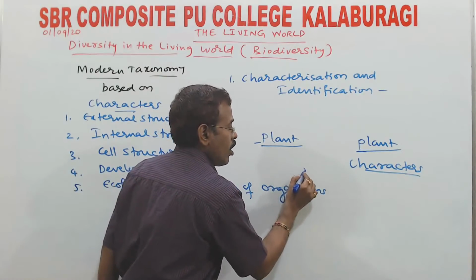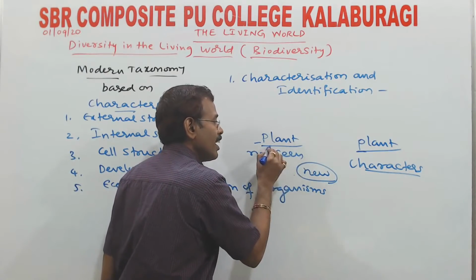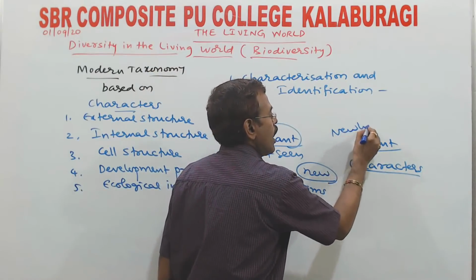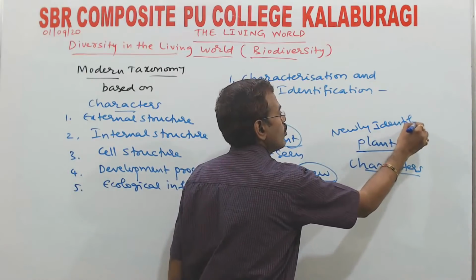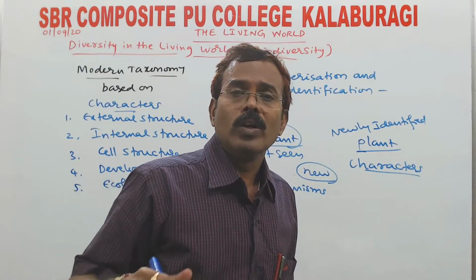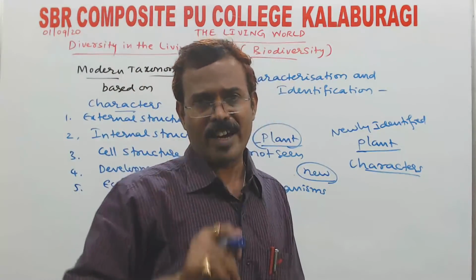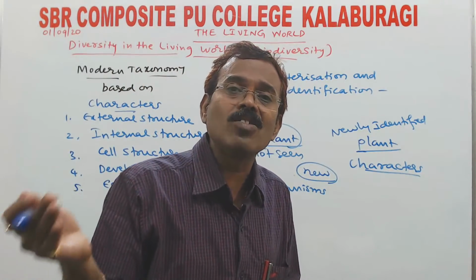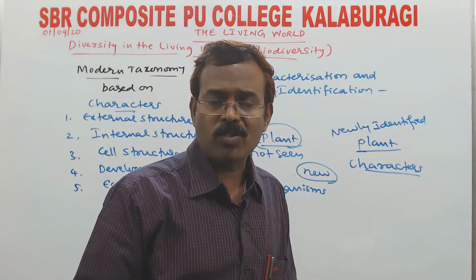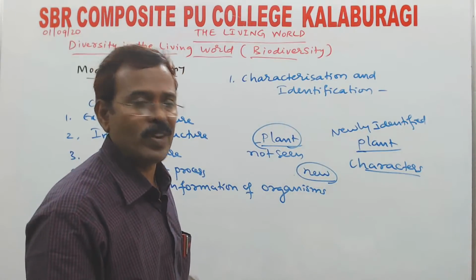If these characters are new, not seen in the plant we already know, then it is a newly identified plant. So we have to find out the list of characters, the features present in that plant or animal, and compare them with the already known plant based on specific characters. This we call characterization and identification.